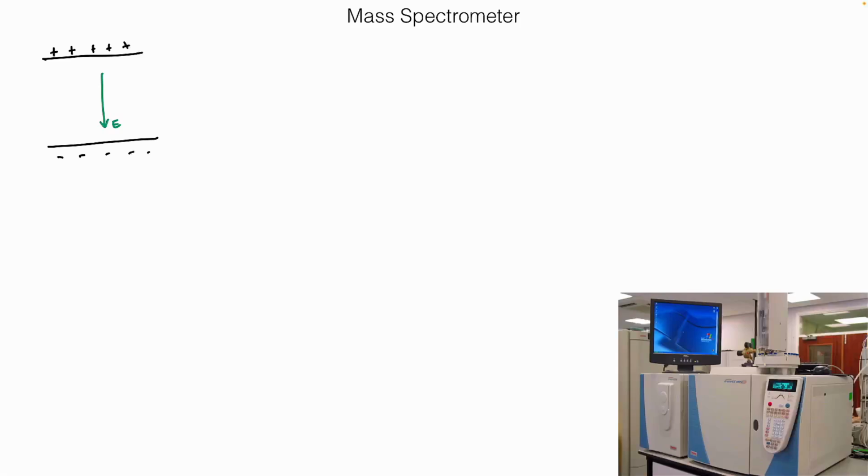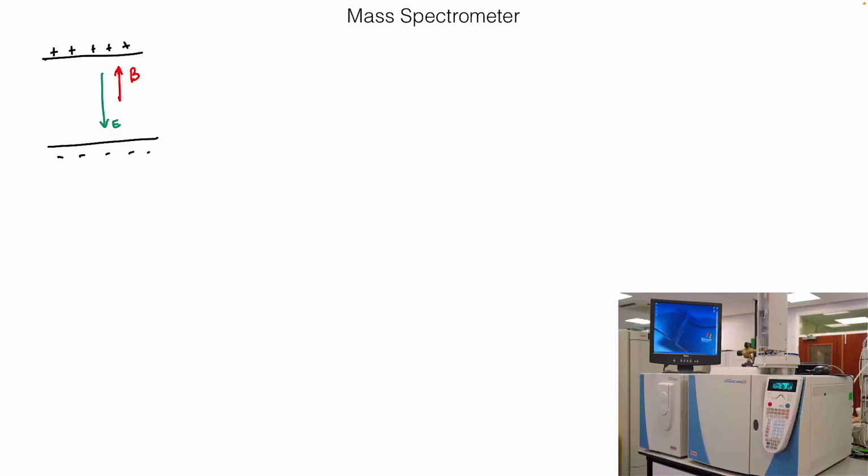But the electric field alone is not enough to get the velocity we want. What we want is for the charges to go through in a straight line. But we also want to know what the velocity is. So what we need to do is balance the force on this charge with a magnetic force going up.